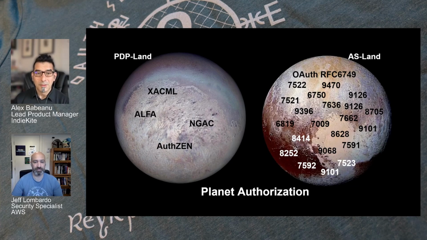On the other end, we have our PDP land, policy decision point land, which is where I live, and there we have much less specification, from XACML to AuthZEN. Currently working on AuthZEN myself. So what we'd like is to have those two sides of the planet communicate a little more and maybe collaborate and build standards together, or at least patterns, because we should really talk more.